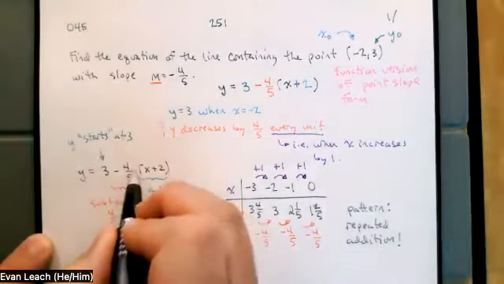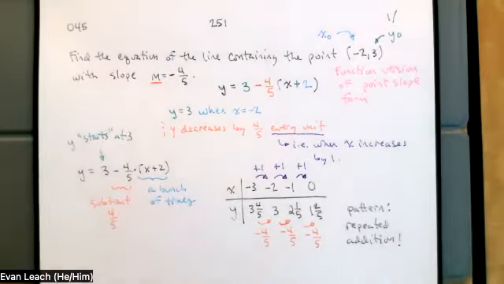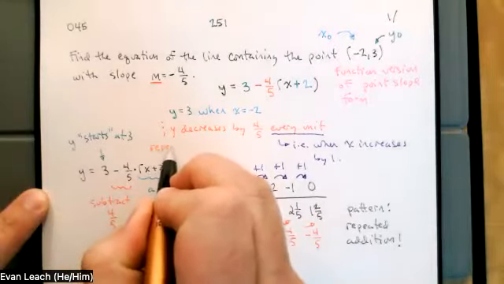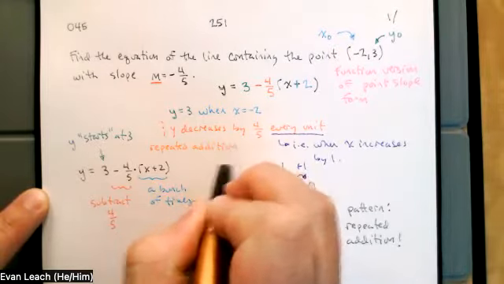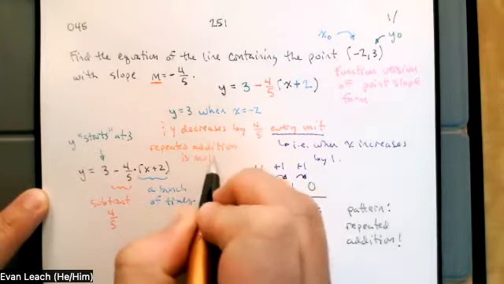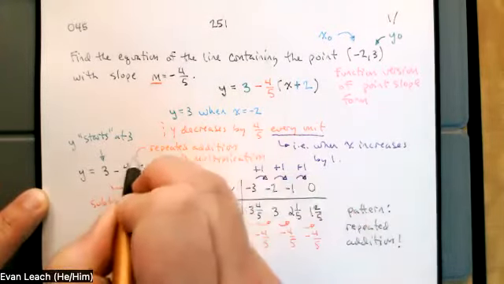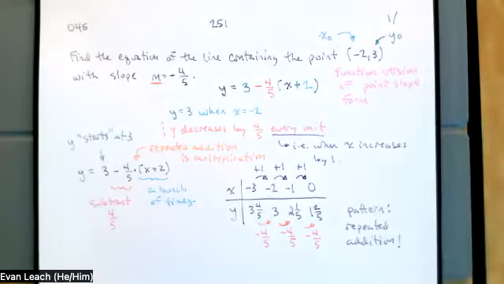And that's why we multiply over here. This is how I like to think about the mechanics of a linear function. It's a function that has a pattern of repeated addition.